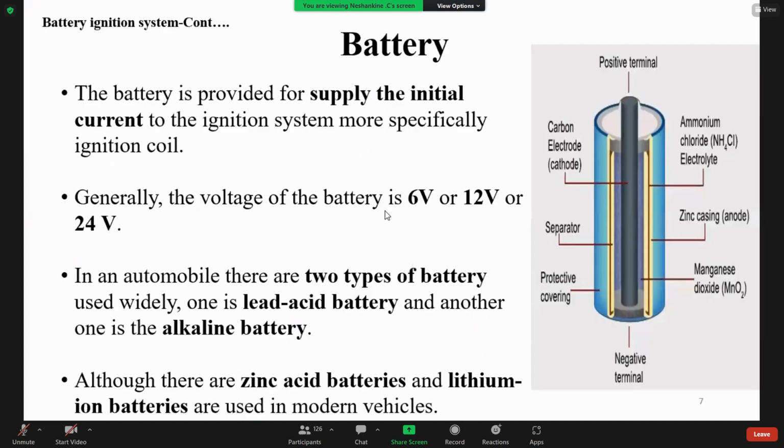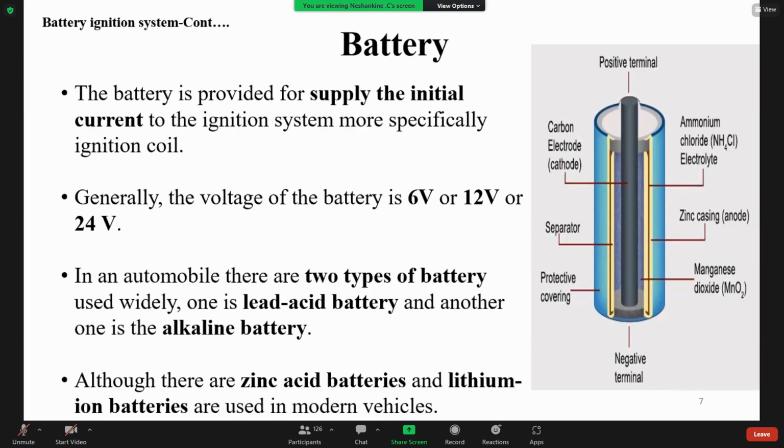Now we will move to the battery. This battery is used to supply the initial current to the ignition system. We have 6 volt, 12 volt or 24 volt batteries, and we have types of batteries such as lead acid battery, alkaline battery, and also in modern vehicles we use zinc acid batteries and lithium batteries.